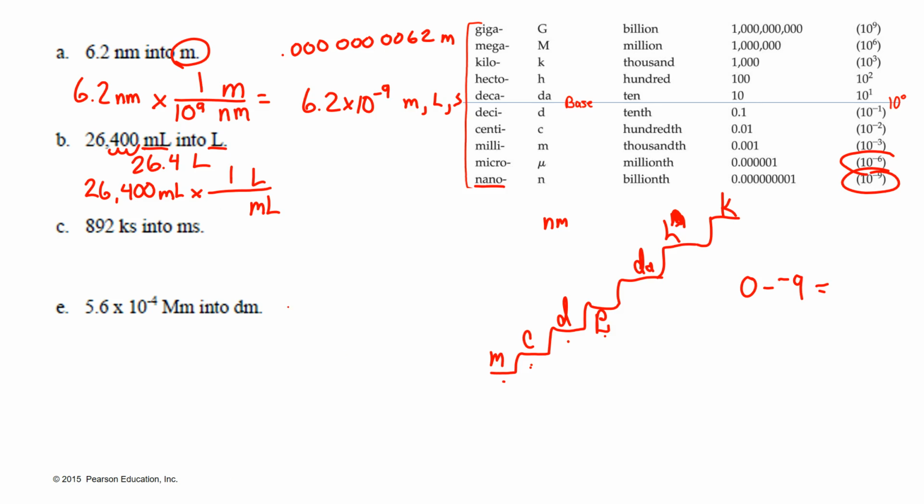Now, I look up my exponents. So I have 0 minus negative 3, which gives me 3 places. So I'm dividing by 10 to the third. If I take 26,400 and divide by 10 to the third, what number do you get? Should be 26.4.